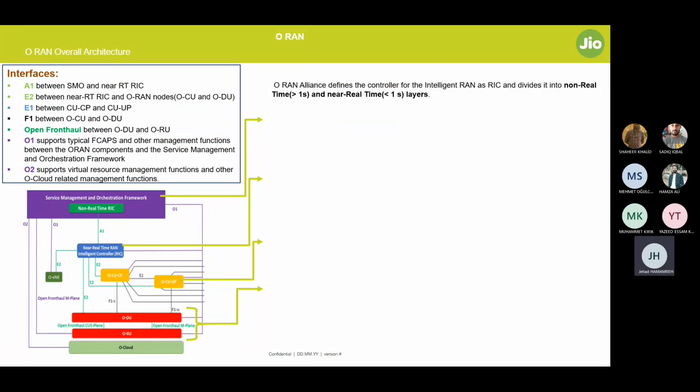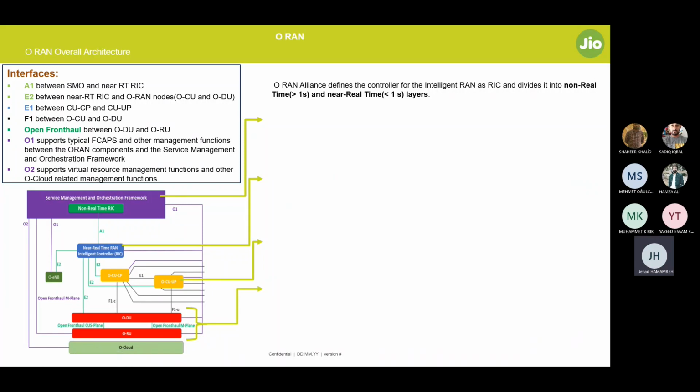For example, the A1 interface connects the near real-time RAN with the non-real-time RIC, which is responsible for service management. So it's basically interface A1 between the service management orchestration framework and the near real-time RAN Intelligent Controller. Interface E2 is connecting the RIC and the Open RAN nodes.